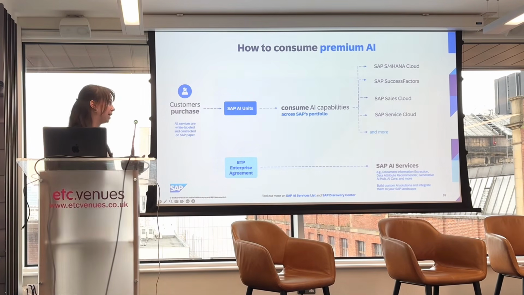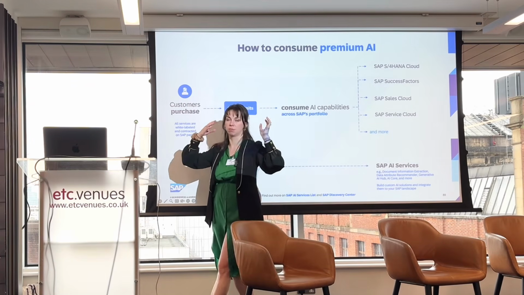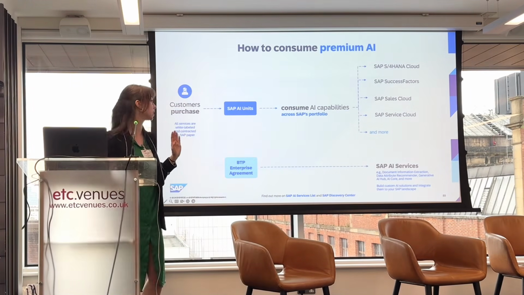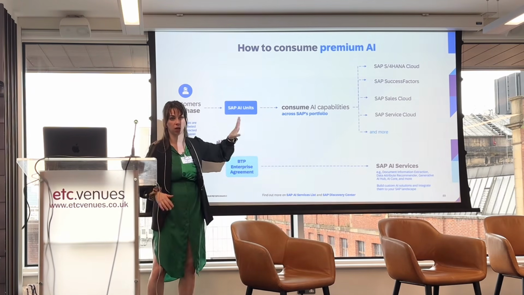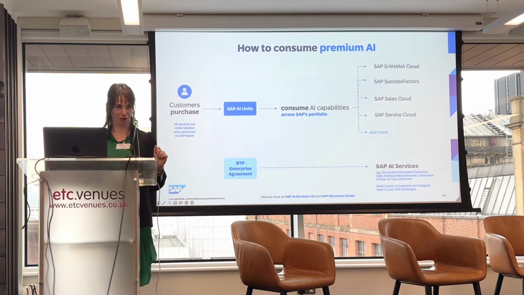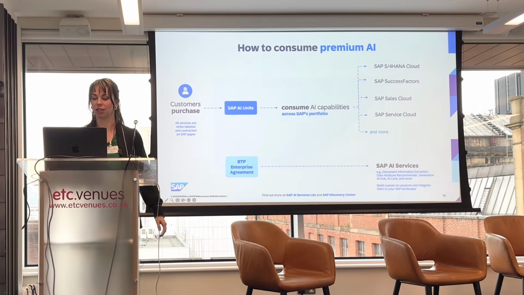If we're talking about anything that is in these kind of softwares, it goes about some of the more premium use cases that work with AI units, and these can be then purchased at a different level, but that's what I will not be talking too much about, because again, this is a separate BTP session.